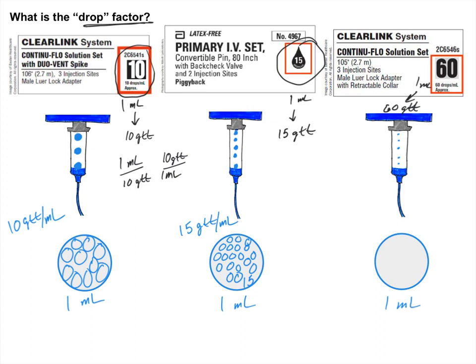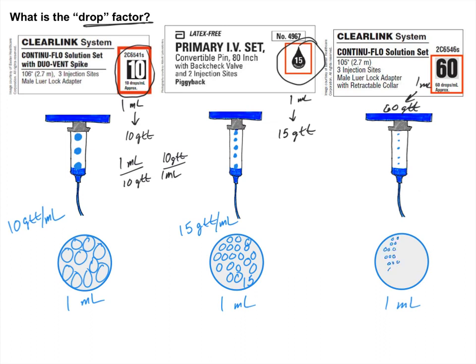And finally, for the micro drip, what we see with this tubing, with this drop factor, is there are 60. And you can see as we move into a larger drop factor, look how small those drops are, relatively speaking. That means each milliliter is going to be broken into 60 drops.